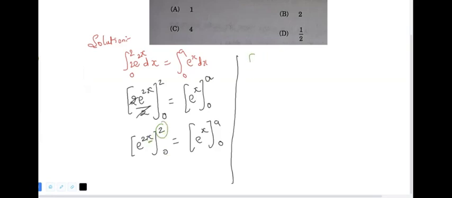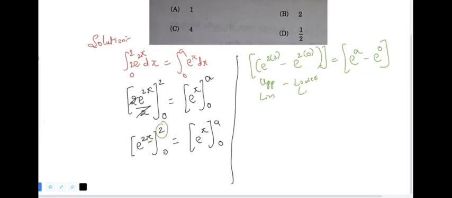So we get e power 2 of 2 minus e power 2 of 0. So this is the first function, that will equal e power upper limit a minus e power lower limit 0. We have to do upper limit minus lower limit.